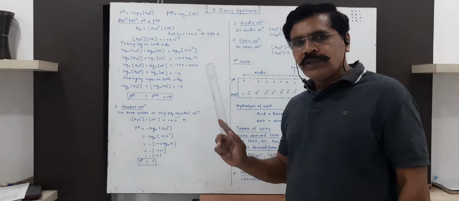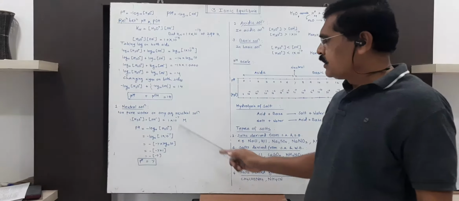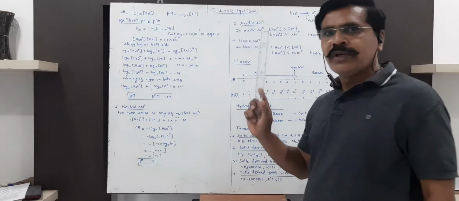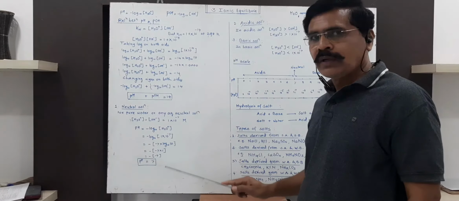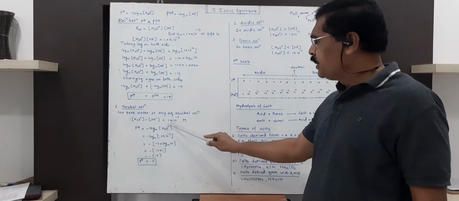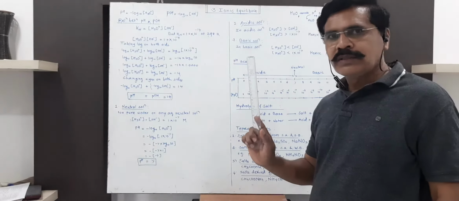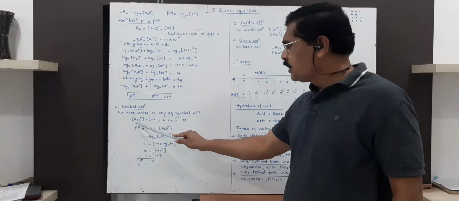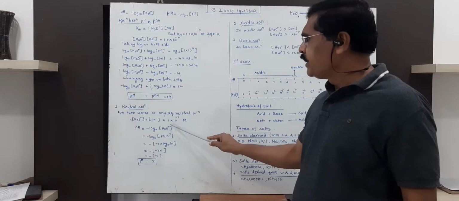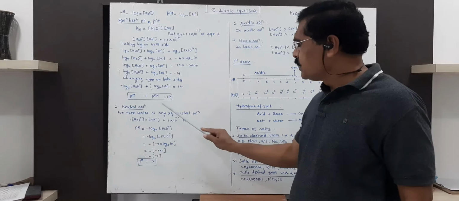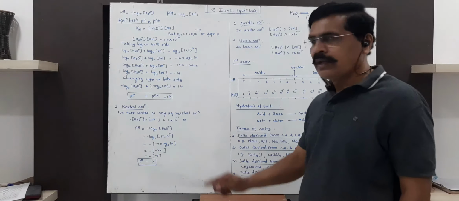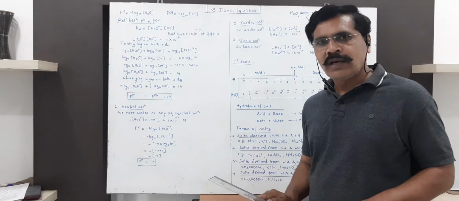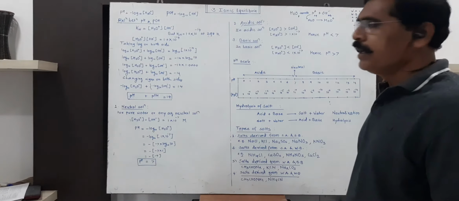The value of the concentration of H3O plus or of OH minus ion in the case of a neutral solution or pure water is already known. It is 1 into 10 raised to minus 7. This concentration is 1 into 10 raised to minus 7, and this concentration is again equal to 1 into 10 raised to minus 7. Both are equal. Such solutions are neutral in medium.